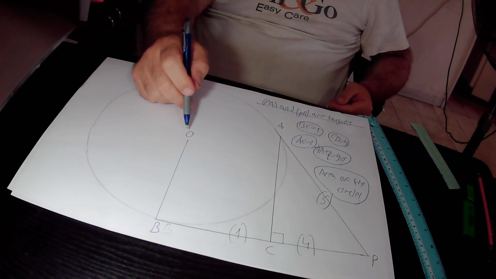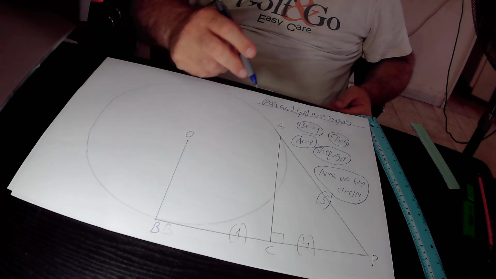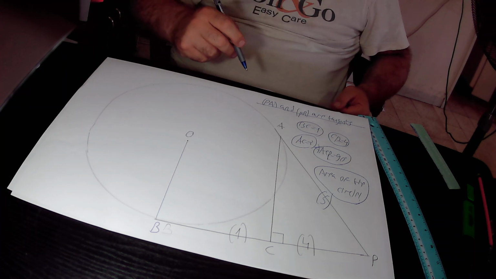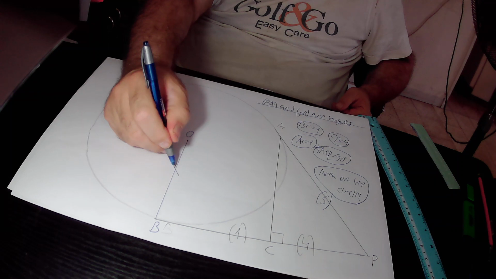Point O is the center of the circle, point B is a point on the circle itself, therefore OB is the radius of the circle, that is equal to x according to our definition.